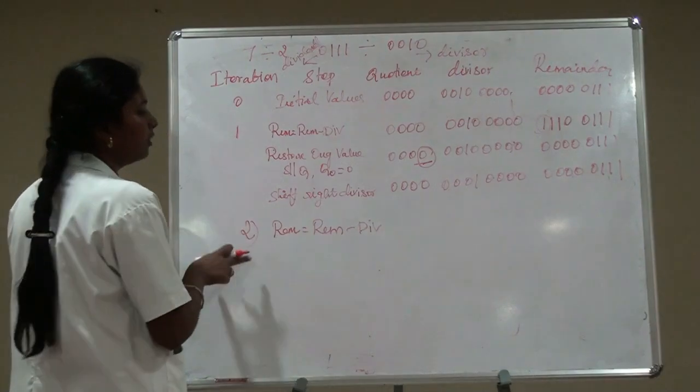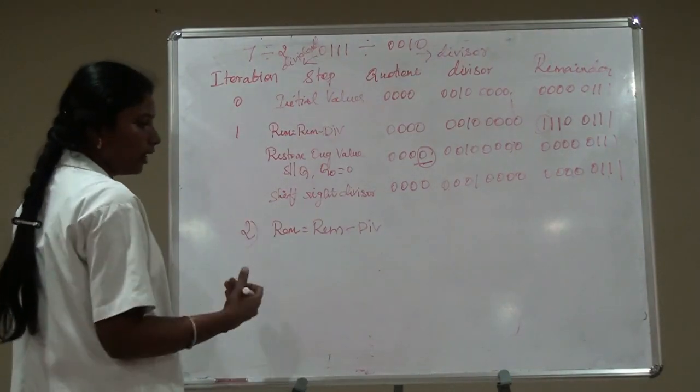Again I have to repeat the same operation, remainder equal to remainder minus divisor.